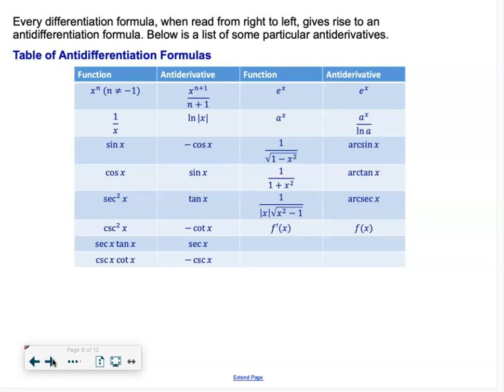But this is there just for reference. What I want you to see is most of these aren't that amazing. It's really just derivatives backwards, right? They're saying the antiderivative of secant squared is tangent. Whoa, because the derivative of tangent is secant squared, right? All they're doing is giving you derivatives backwards. So this is there for you to refer to if you want to.